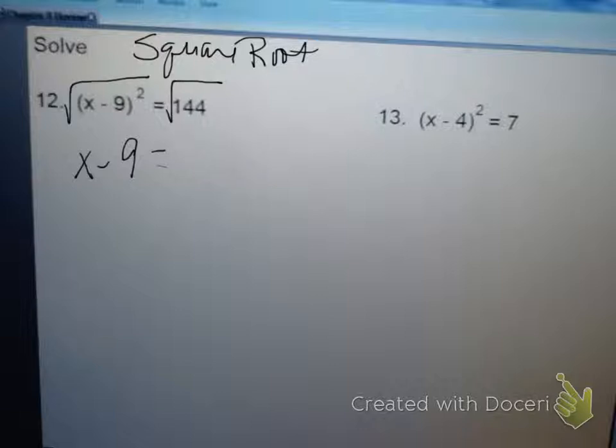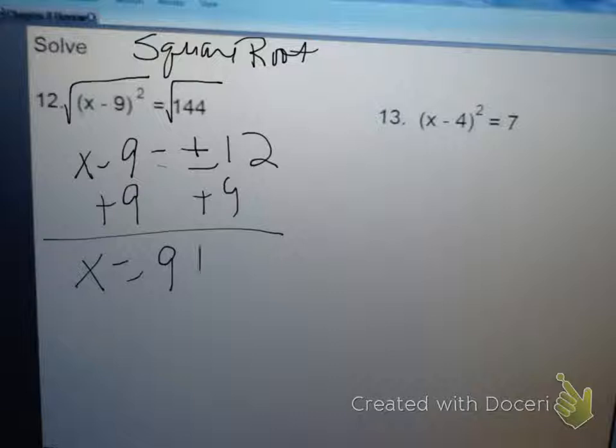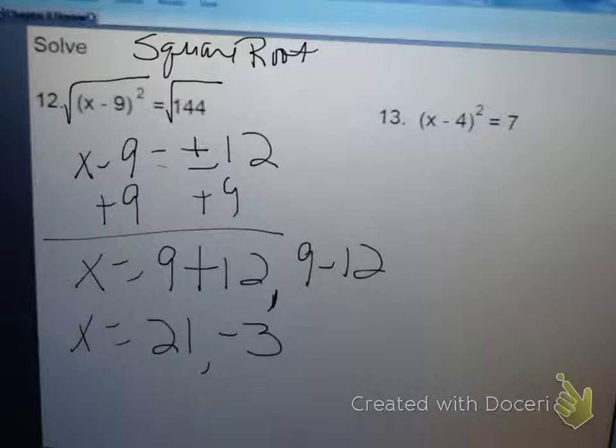They forget to give it plus or minus 12. Now I'm going to add 9 to both sides. So x is equal to 9 plus 12 or 9 minus 12. And 9 plus 12 is 21, and 9 minus 12 is a negative 3. So there are your two answers.